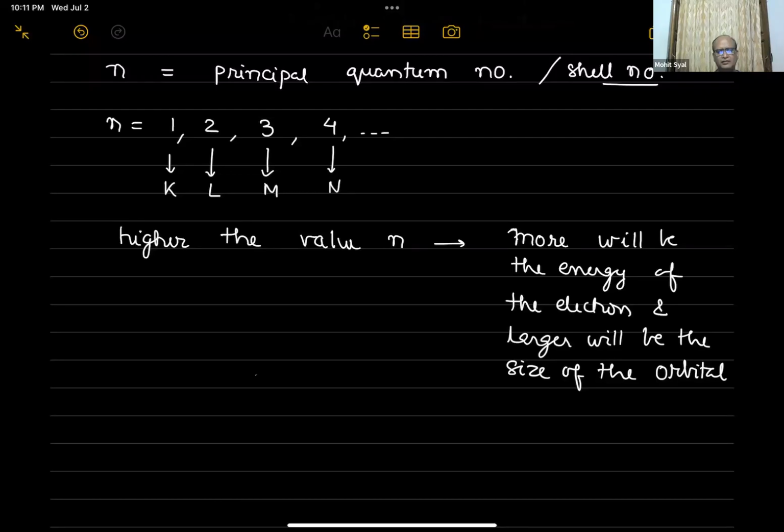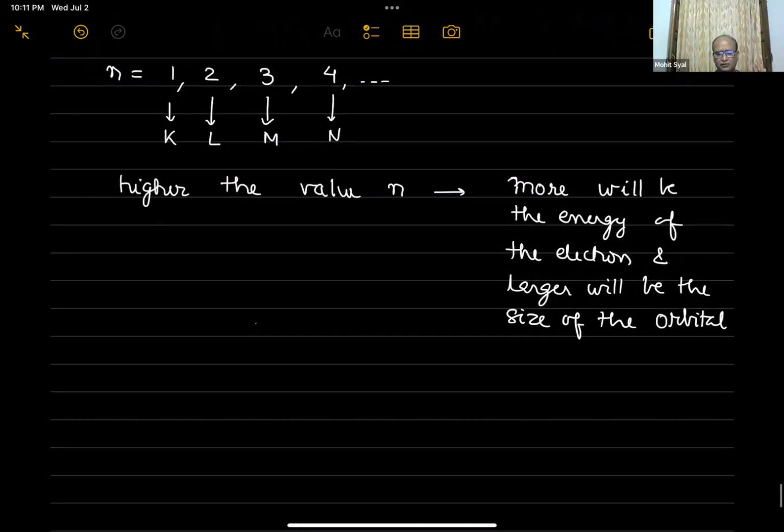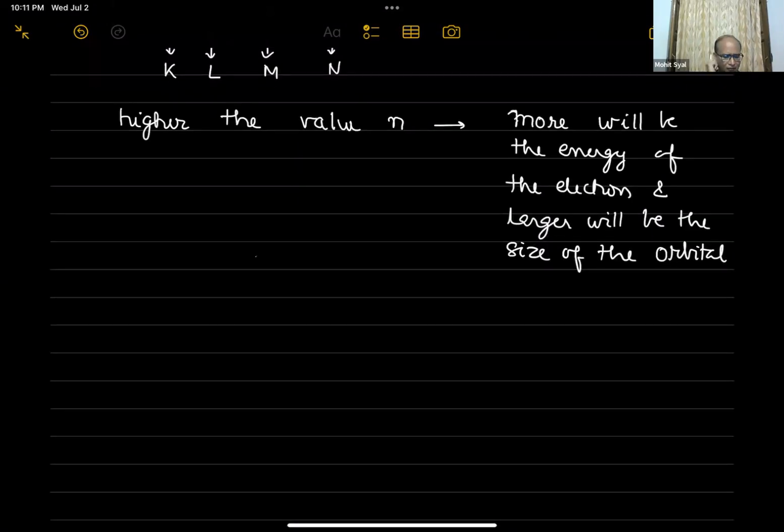Bohr didn't know all this about the electron, so Bohr represented them as circular shells, and Bohr also found the value of the energy, that is minus 13.6 Z square by n square electron volt. With this quantum number, in the Bohr model it represented the shell number.